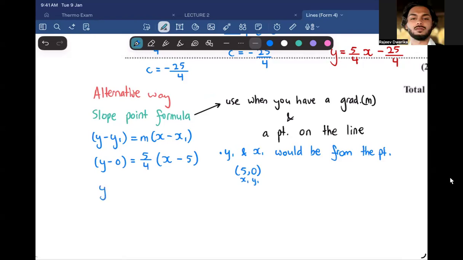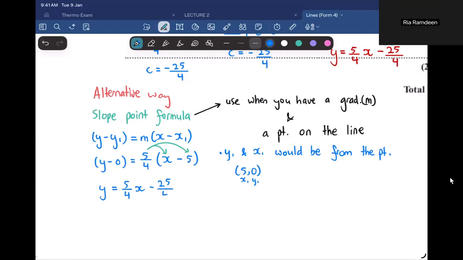Y. Now, you see how we have 5 over 4 on the outside and two terms on the inside, you would need to use the distributive law and expand those brackets. So you're going to multiply the 5 over 4 by every single thing inside the brackets. What's 5 over 4 by x? 5/4x. What's 5 over 4 by minus 5? Minus 25/4.